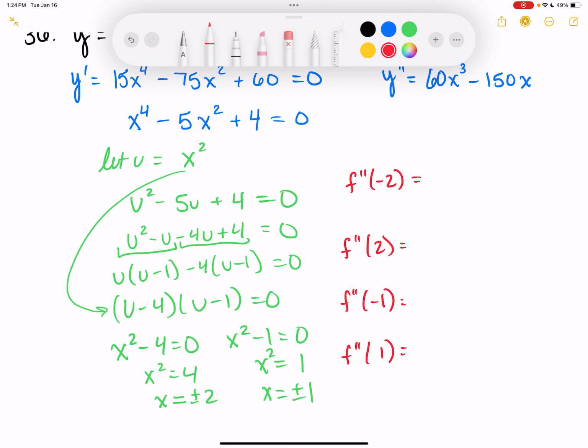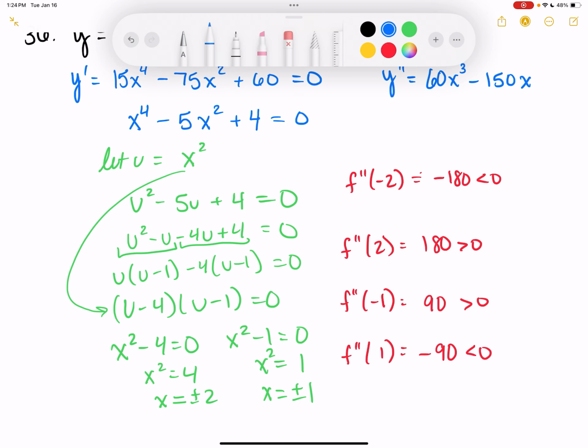Because we're about to run out of time, at -2 it's -180. At 2, it's positive 180. At -1, it is 90, and at 1, it's -90. So, less than 0 means what? It's a max.